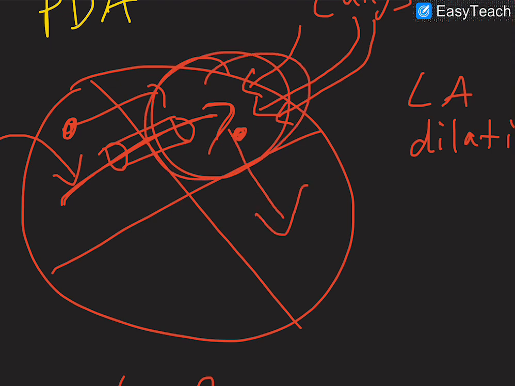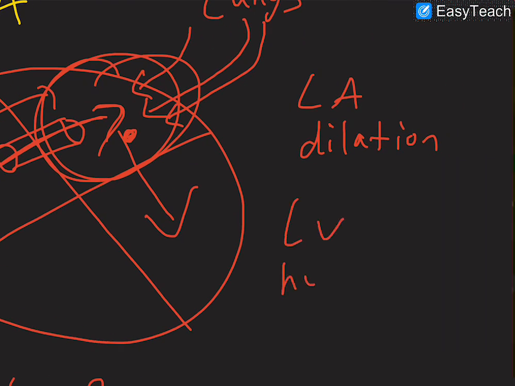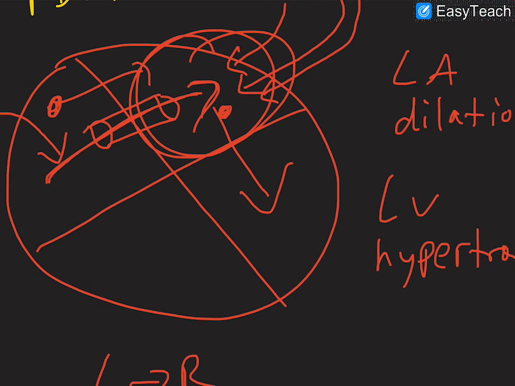So the left ventricle is going to pump way more blood than usual with every heartbeat. So we can see left ventricular hypertrophy, right? Which is not good in the long run because that can lead to heart failure, right?